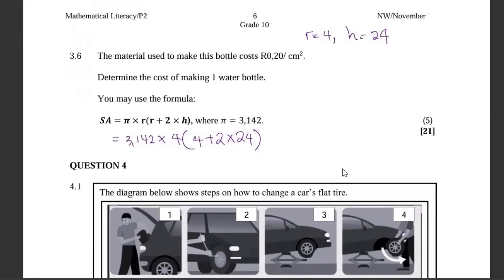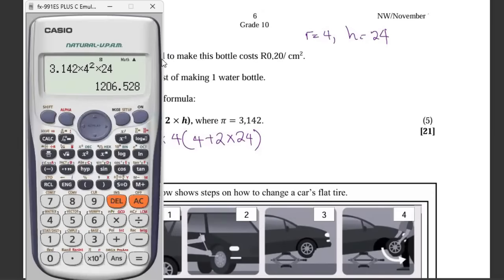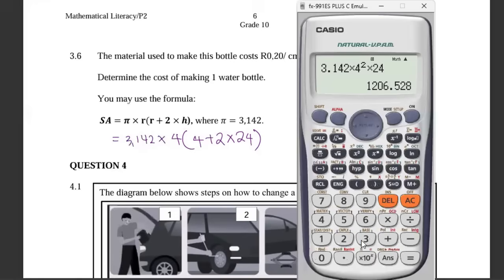All right. Let's put this in the calculator and see what we get. 3,142 times 4, open brackets, 4 plus 2 times the height, which is 24, equals that much.